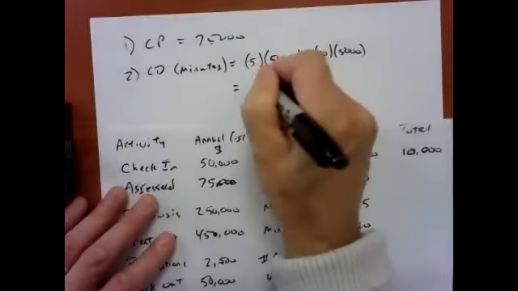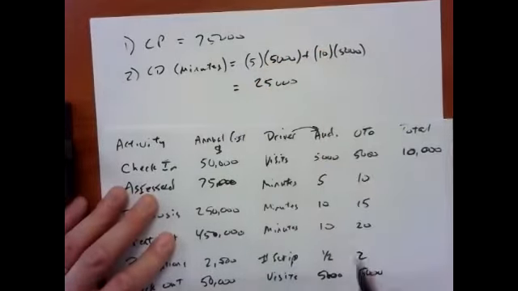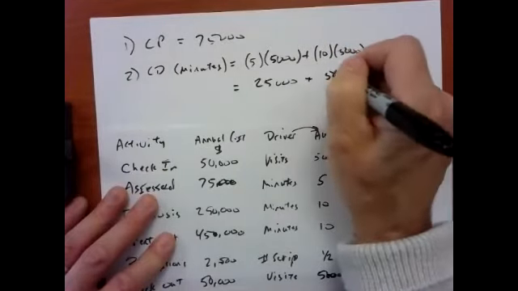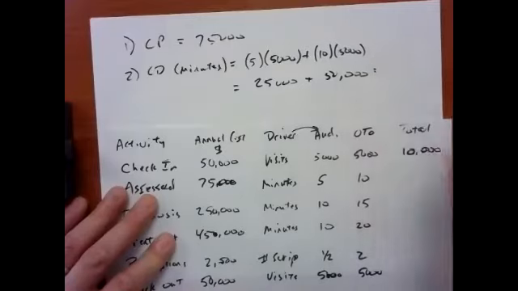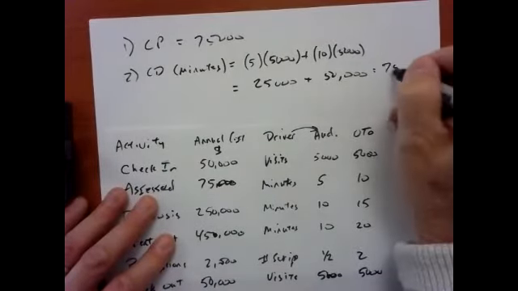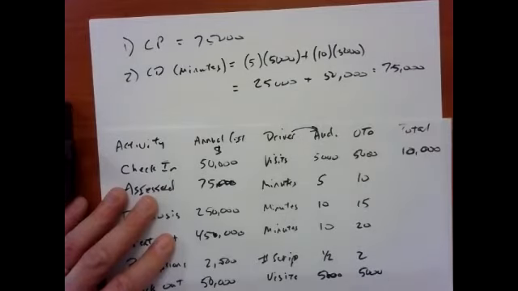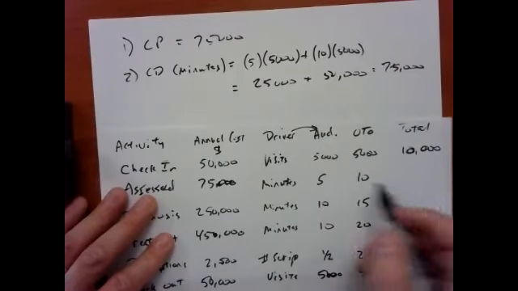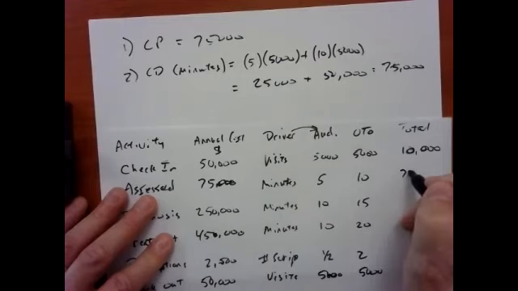That gives us 25,000 minutes for audiology and 50,000 minutes for otolaryngology, for a total of 75,000 minutes. So 5 times 5,000, 10 times 5,000, add together, you get 75,000.